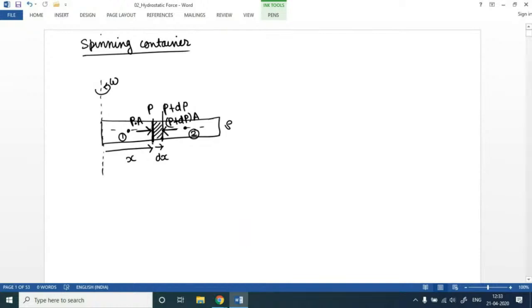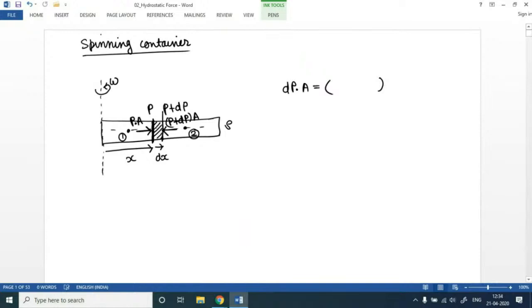Effectively, if we do the force balance of this element, the net force in the leftward direction is dP times A, and that is equal to the mass of this element times the acceleration of this element.